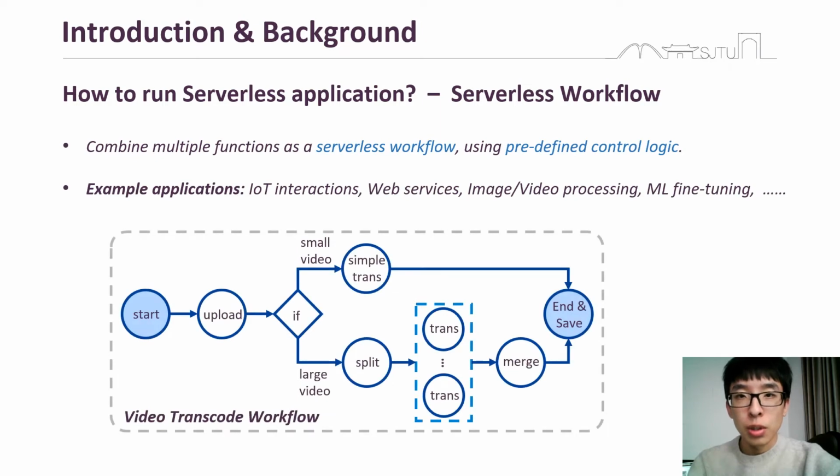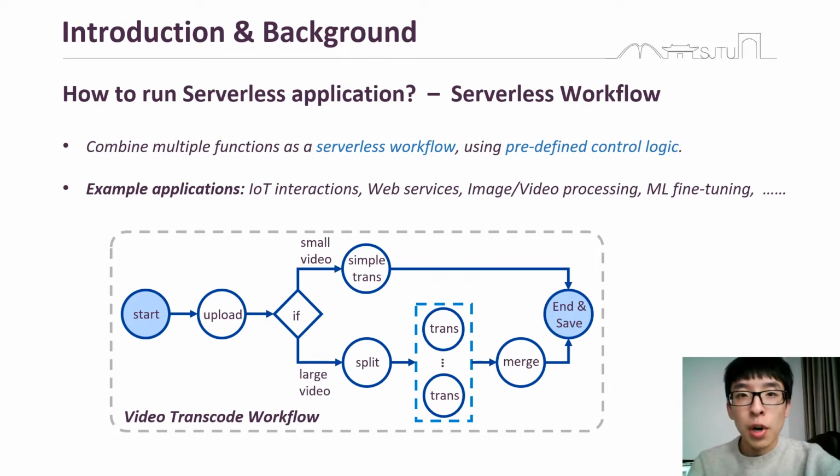When functions need to communicate, the serverless application can use fine-grained functions to provide complex functionality by connecting them into workflows. They are usually known as serverless workflows. Take the video transcode workflow from Alibaba use cases as an example.